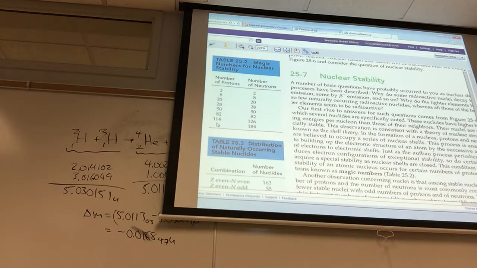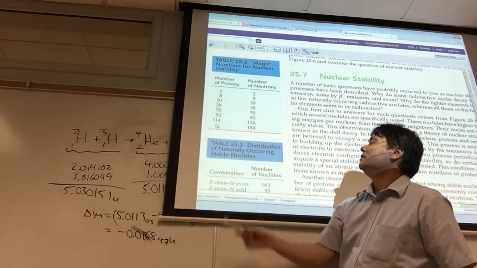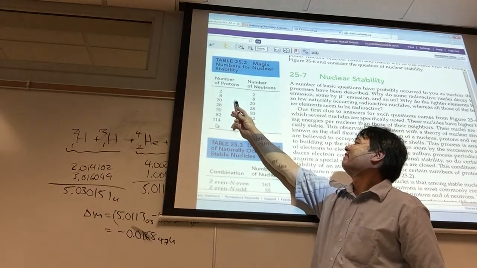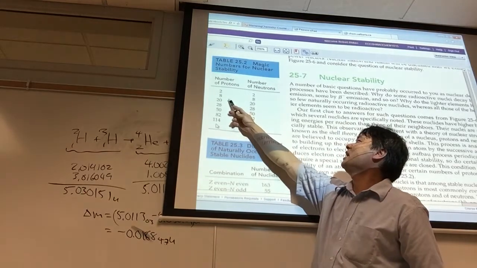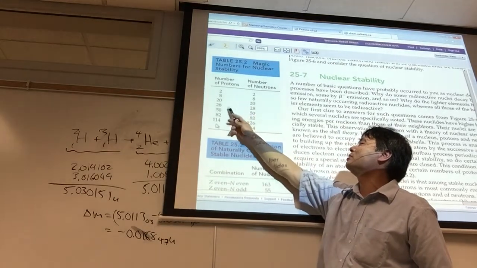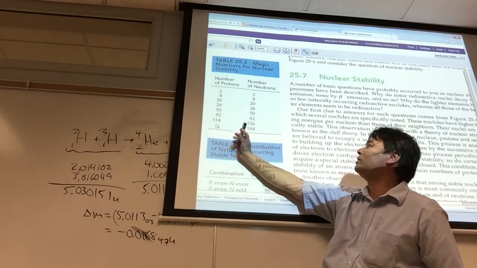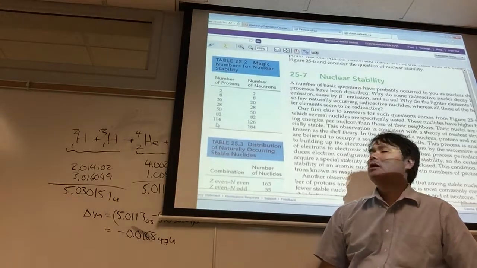The next pattern that's observed for nuclear stability is this. When you look at all the data, then you see that these are unusually stable. That is, when we have 2 protons and 2 neutrons, 8 protons, 8 neutrons, 20, 20, 28, 28, 50, 50, 82, 82, 114, 126, and then 184 for the neutrons.